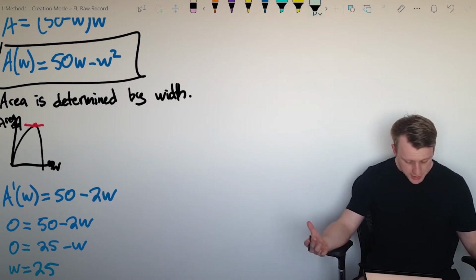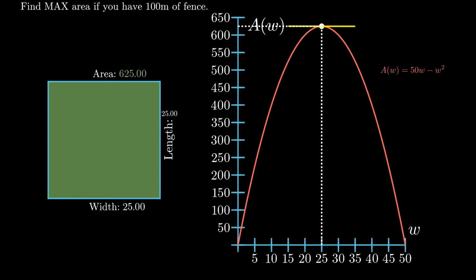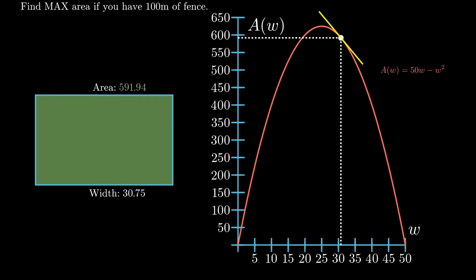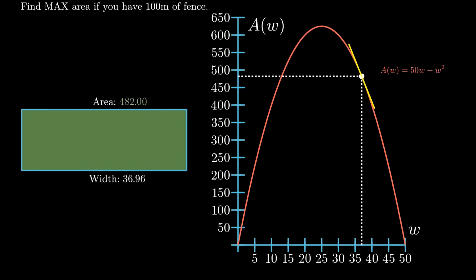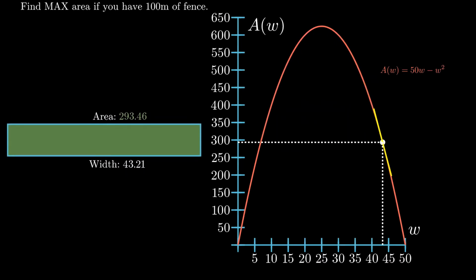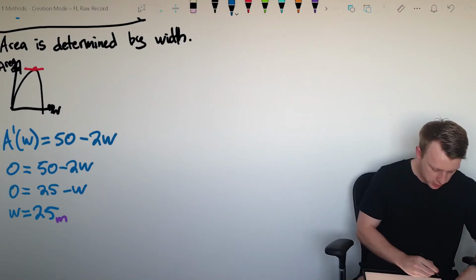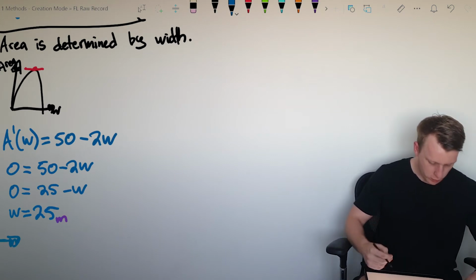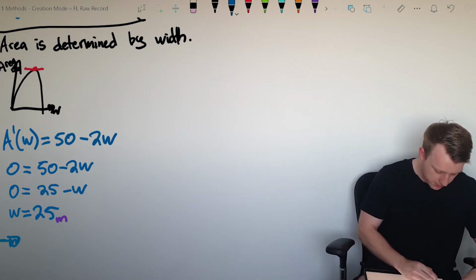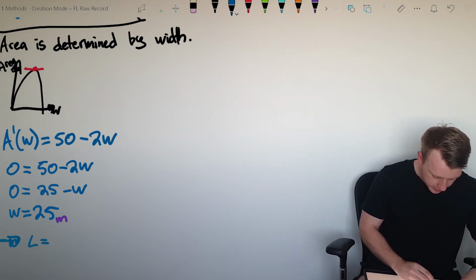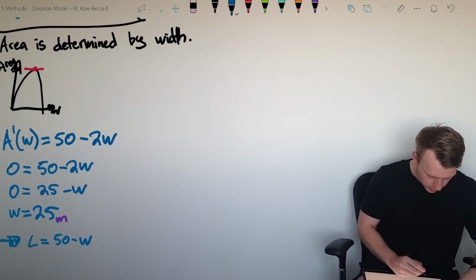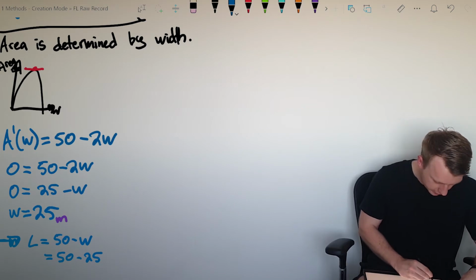So we get, therefore, that to find the maximum area, the width would have to be 25 meters. That implies the dimensions of my rectangle: if the width is 25 meters, the length is equal to 50 minus w, which is 50 minus 25, which is 25.